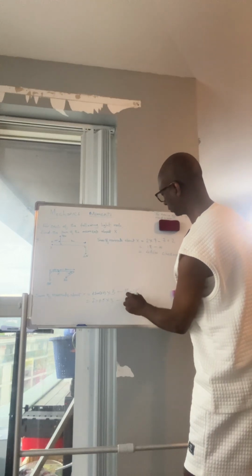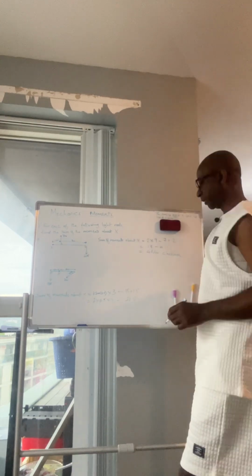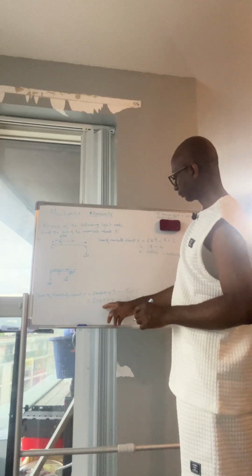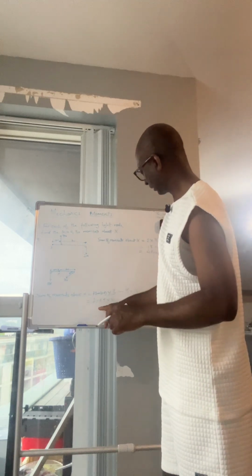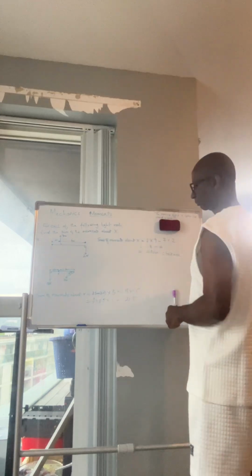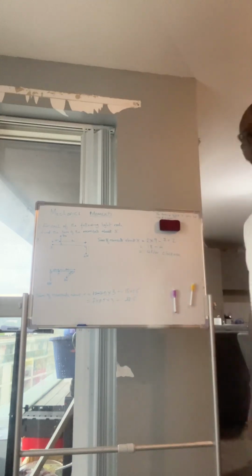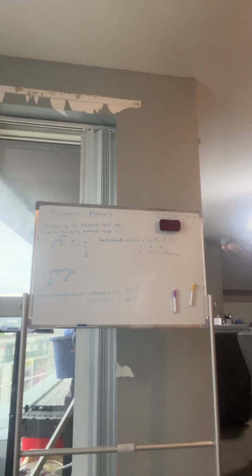Let's use the calculator. 7 times 0.5 times 3 is 10.5.